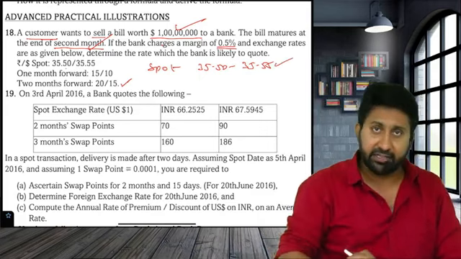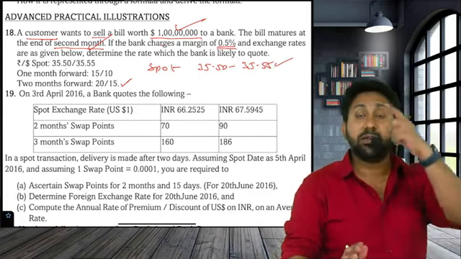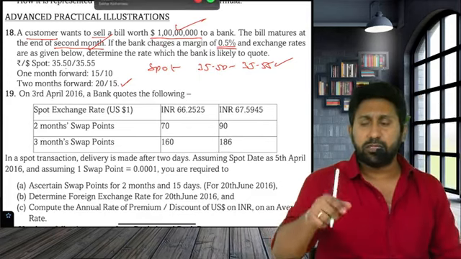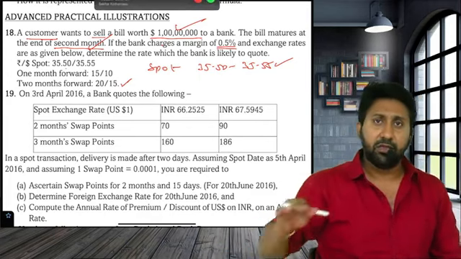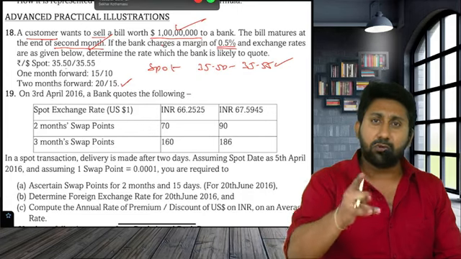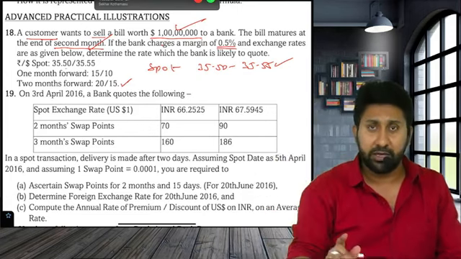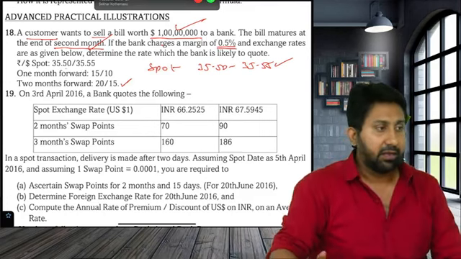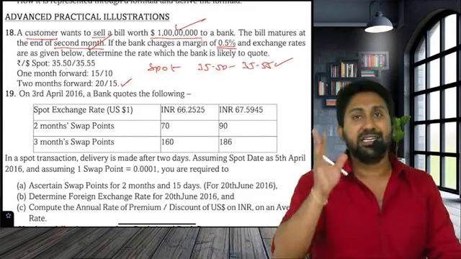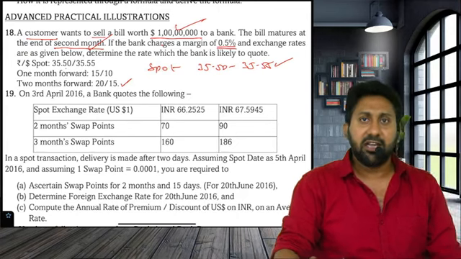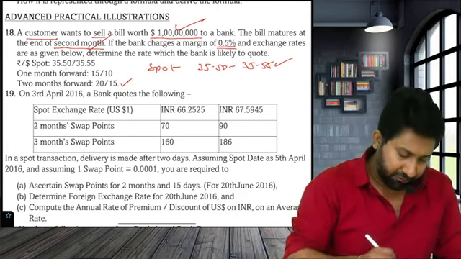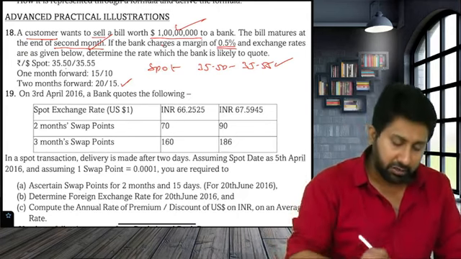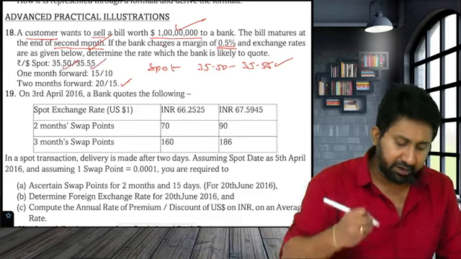Today the rate is like this, but dollars will be received after 2 months, and I don't know what the exchange rate will be then. Therefore, I will lock a price today itself from the banker. That itself is called a hedging strategy.